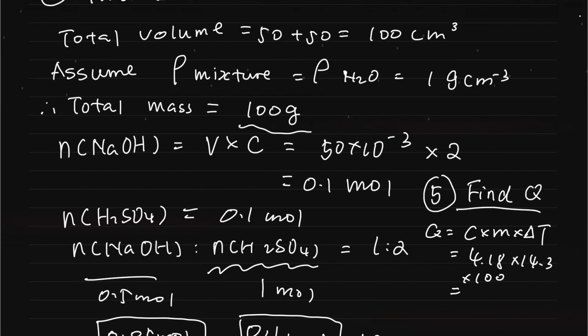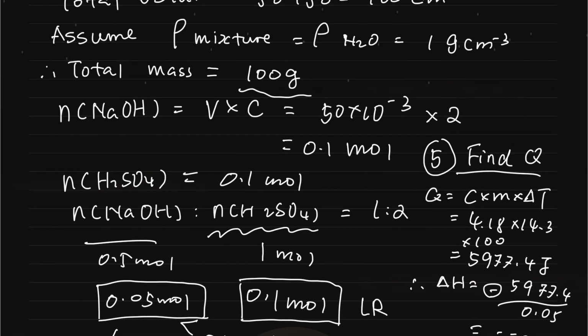Q equals 5977.4 joules. So the change in enthalpy equals minus, don't forget this, 5977.4 divided by 0.05, and you'll get the answer. In this case, it will be minus 119548 joules per mole. And that's it.